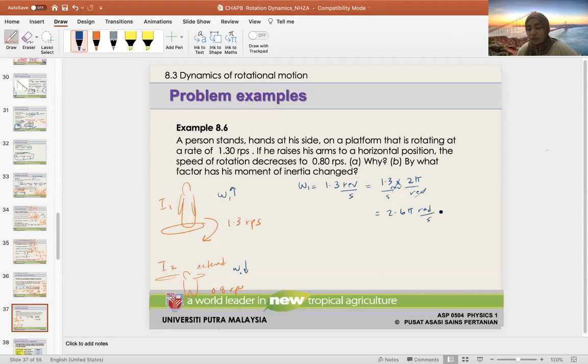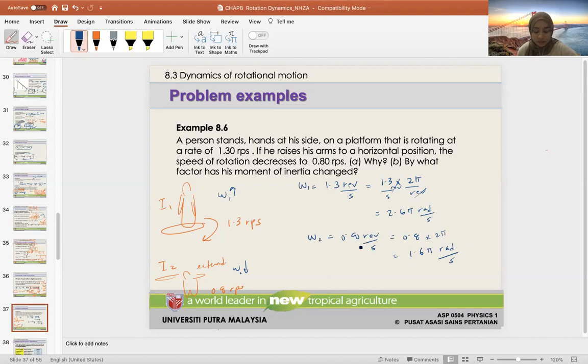You can put it in value form, or you can just write it as pi itself. Then you have omega 2, which is 0.8 revolution per second. 0.8 times 2 pi would give you 1.6 pi radians per second.